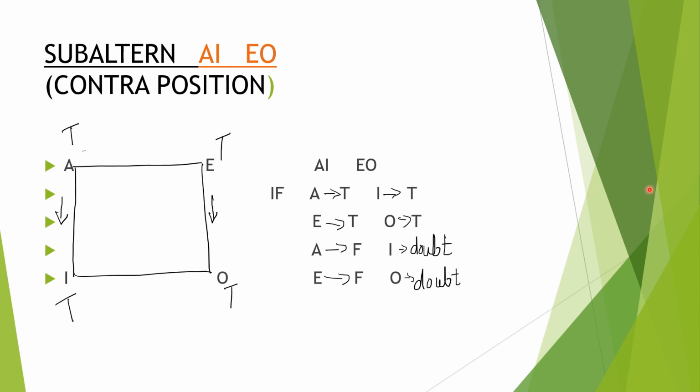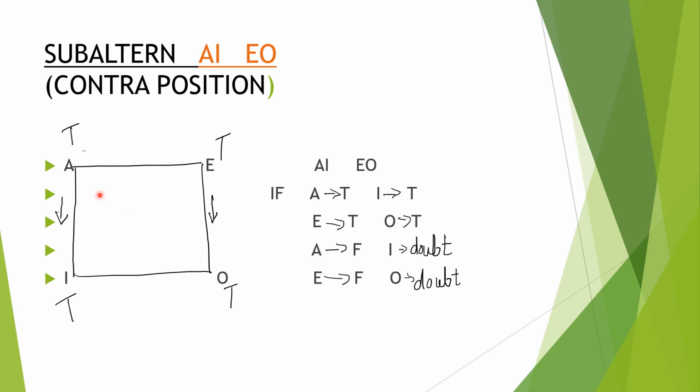Next is subaltern. Subaltern is the sideways relation, that is A and I, E and O. If A is true, then I is true. You must study like that from the top to the bottom. If E is true, then O is true.